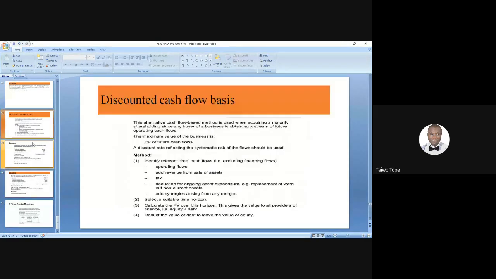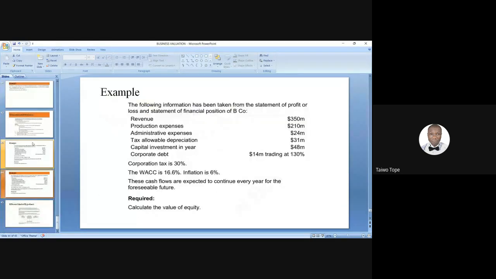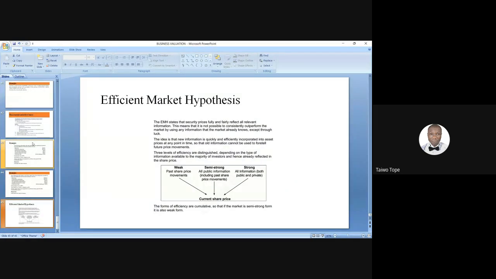Let me go back and start with some simpler examples. We'll just treat two or three. Then we look at this aspect, the efficient market hypothesis. If you go to the SFM study pack and Pathfinder, you see a question on it. The examiner is trying to tell you to explain when a market is weak, semi-strong and strong.